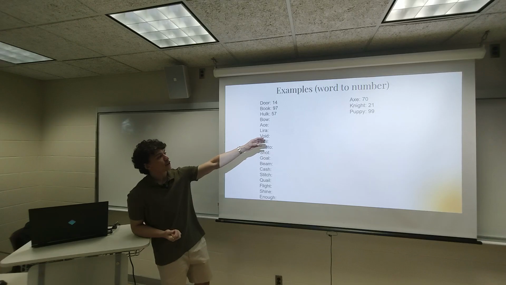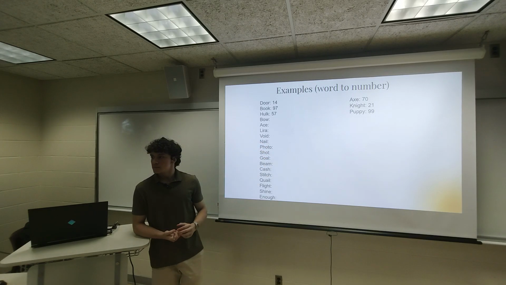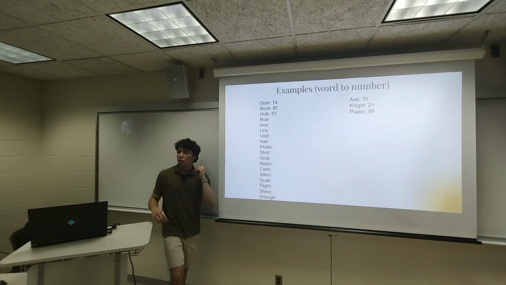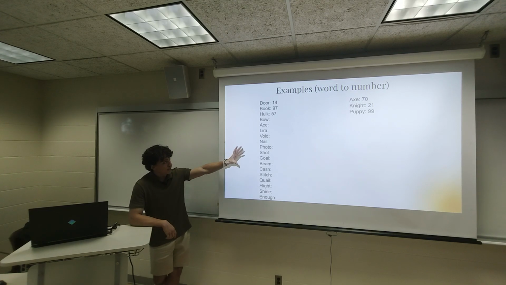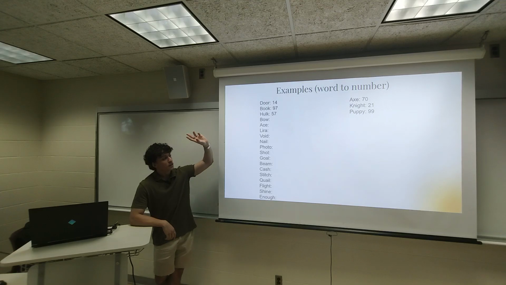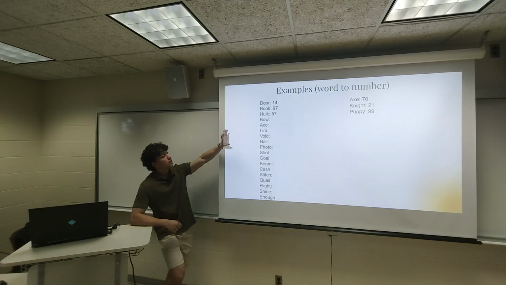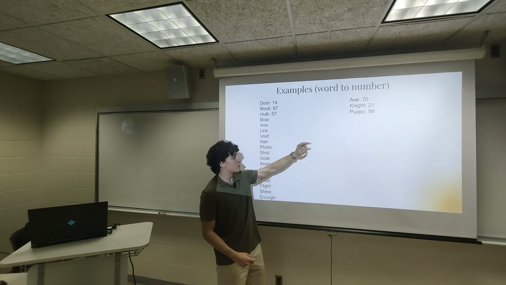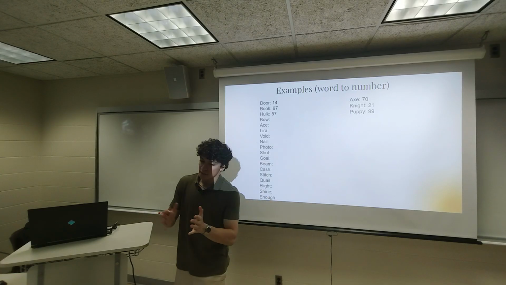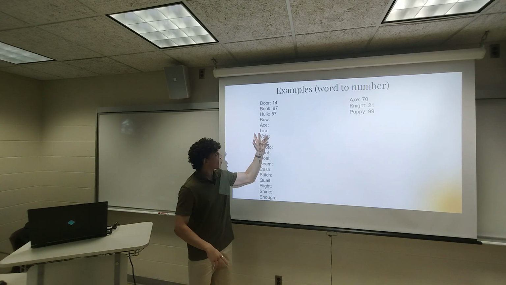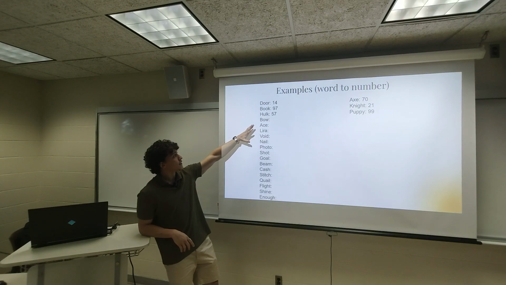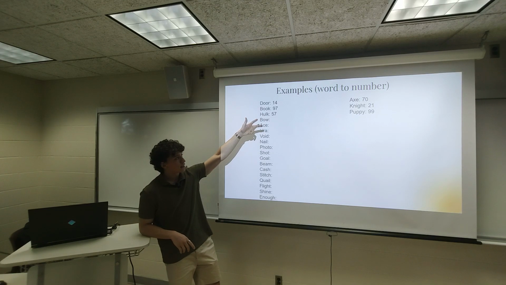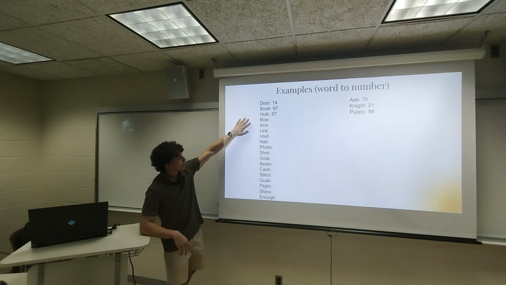Why do we not add a third 9 there? Yes, the two P's make only one sound. So we're not thinking about the number of letters, we're thinking about the sounds. So it does not matter if we have multiple repeated letters and if they're making a single sound. So door is 14, book is 97, Hulk is 57, axe 70, night 21, puppy 99.